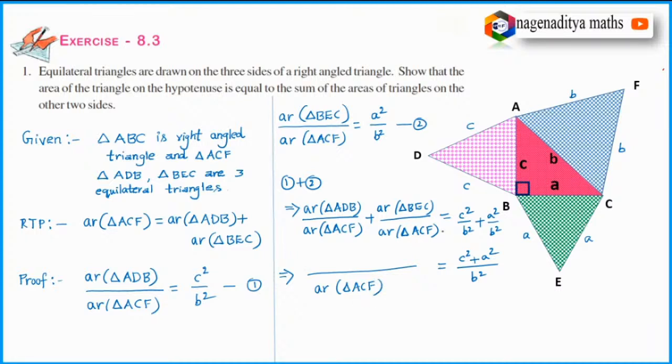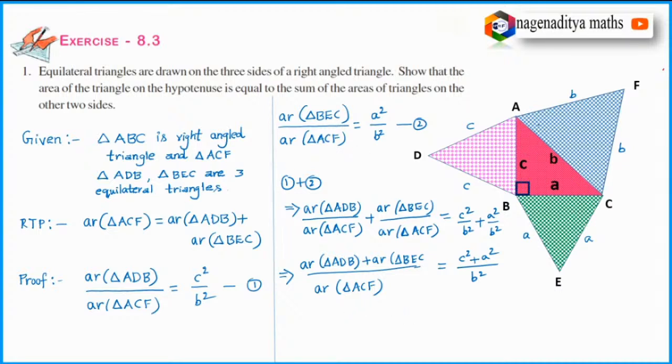So if the denominators are equal, you just add the numerators. That means area of triangle ADB plus area of triangle BEC. Okay, but here is the main crucial step.